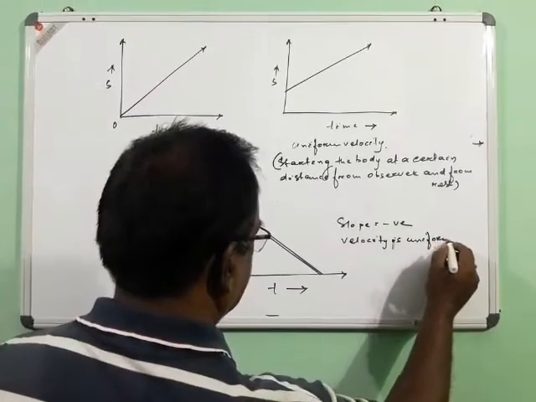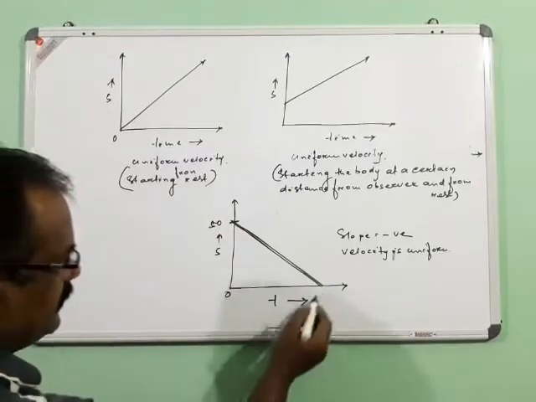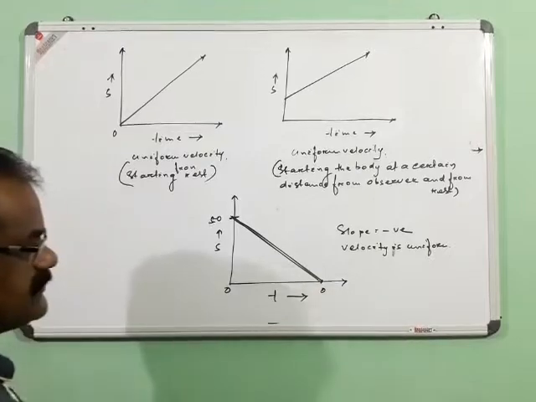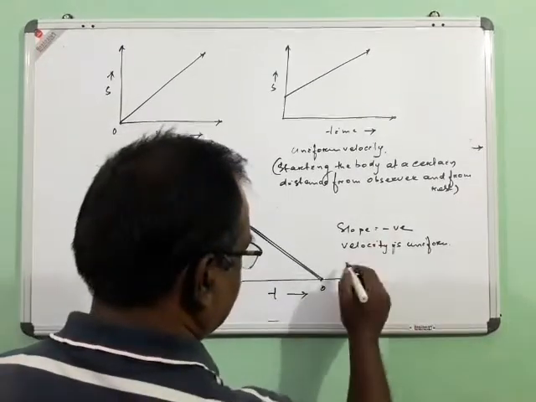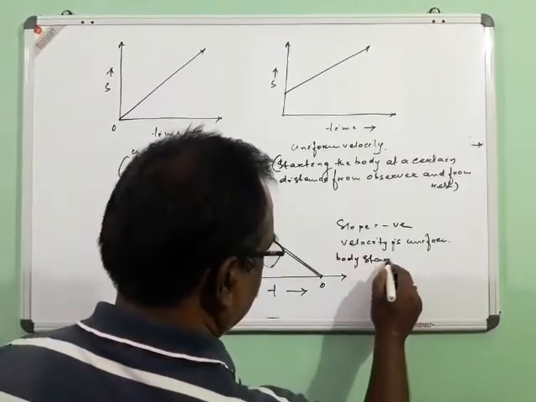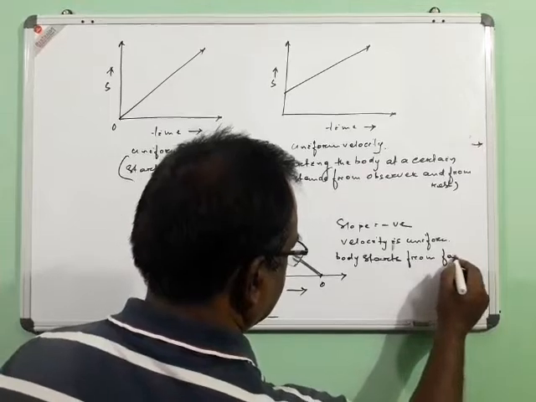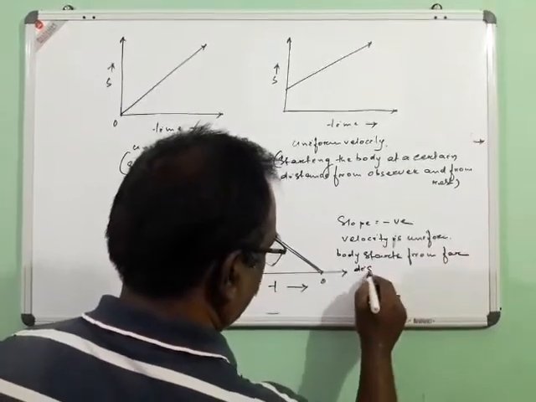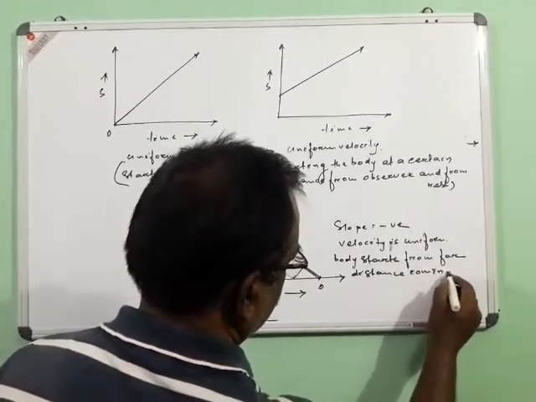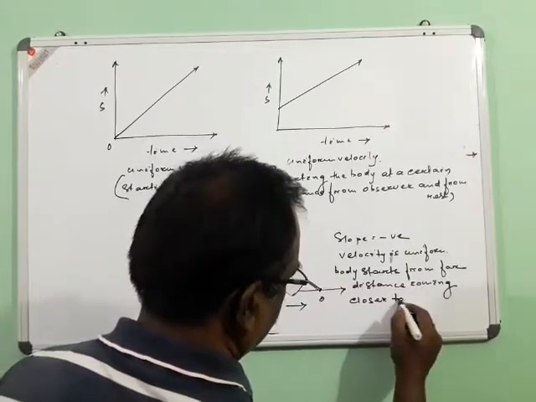But the difference is that it is at a certain distance. For example, if it is at 50, after the time t, it comes to be 0. It means the body starts from a far distance, coming closer to the observer.